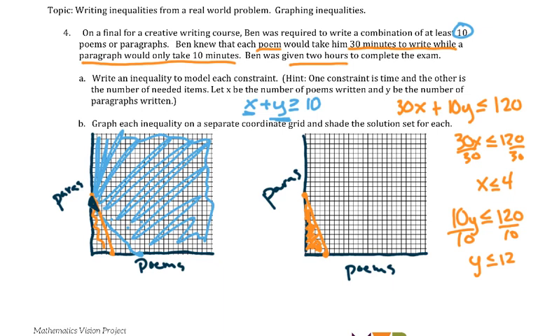So most likely I would end up only being able to do 1 poem and 9 paragraphs. Or I guess to do only paragraphs. Yeah, something like that. Interesting though to think of that.